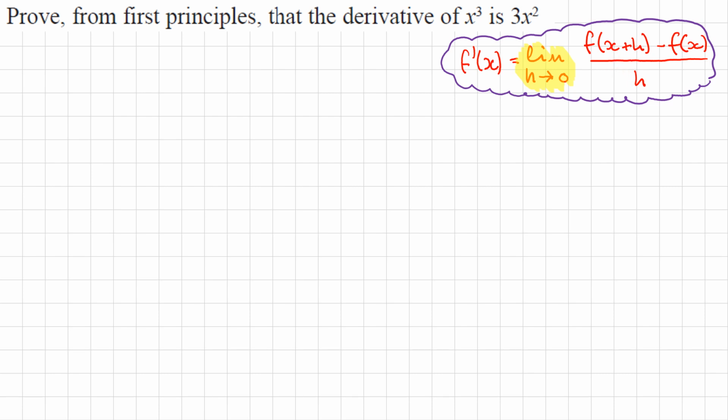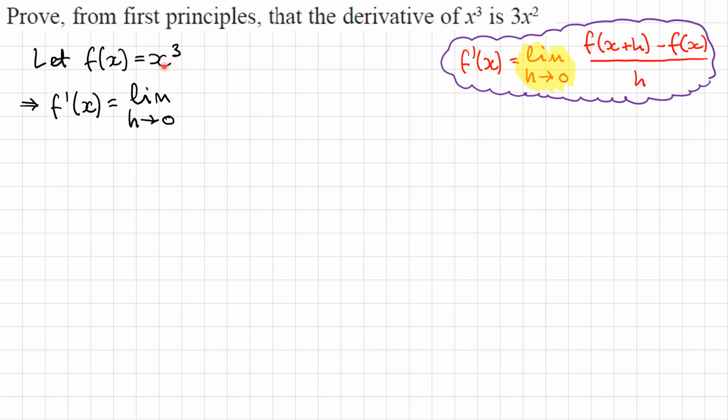So the first thing is, I'm going to write down let f of x equal x cubed, the thing that I want to differentiate. So I can then write down that f dash of x, the derivative, is equal to the limit as h tends to 0. I'm going to write it down here, that will only appear again right at the end, of f of x plus h.